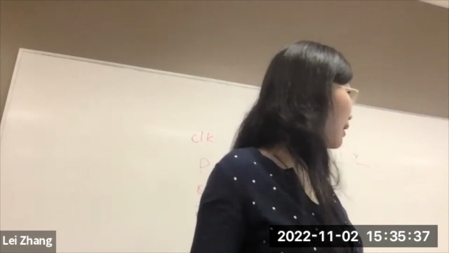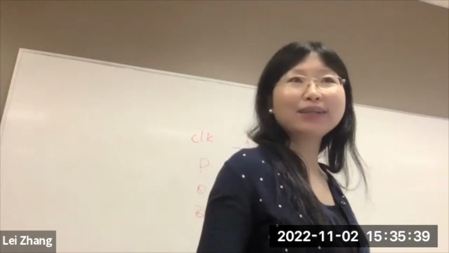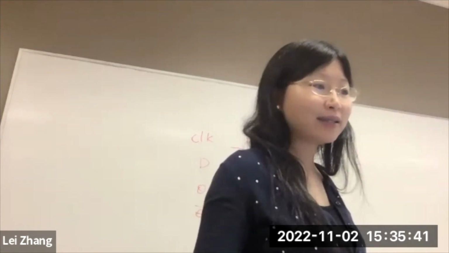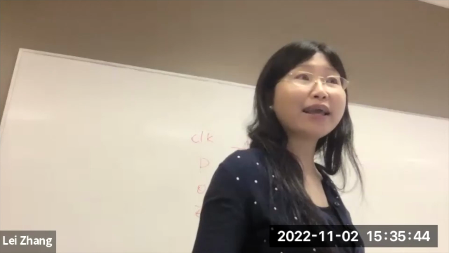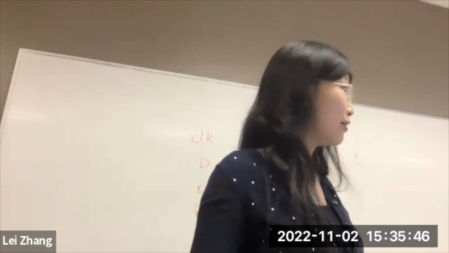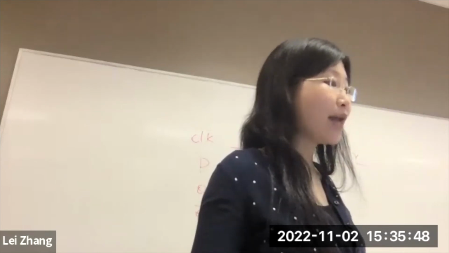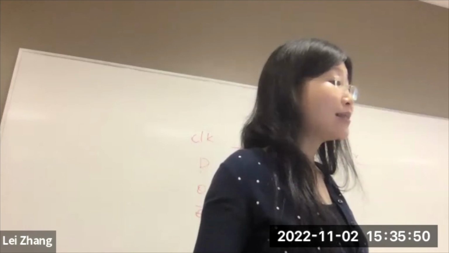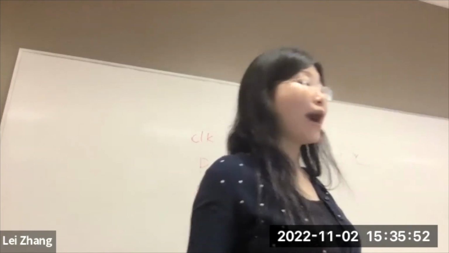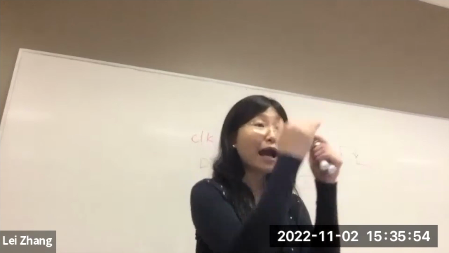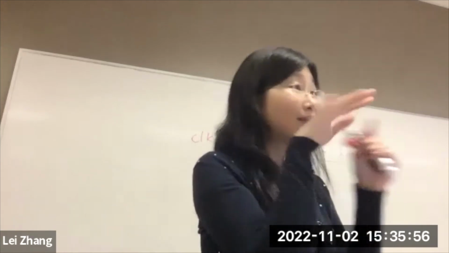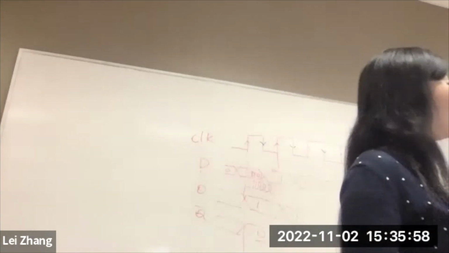Is this easy to understand? There will be a very small delay for the output to change from 1 to 0. And when we AND these two together, we get the Y output. When they are both high, the AND gate output is high.